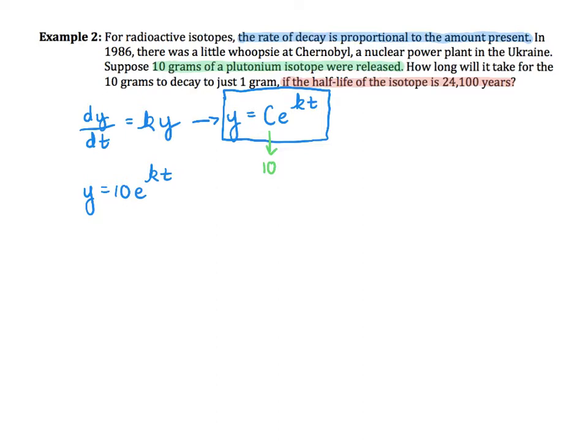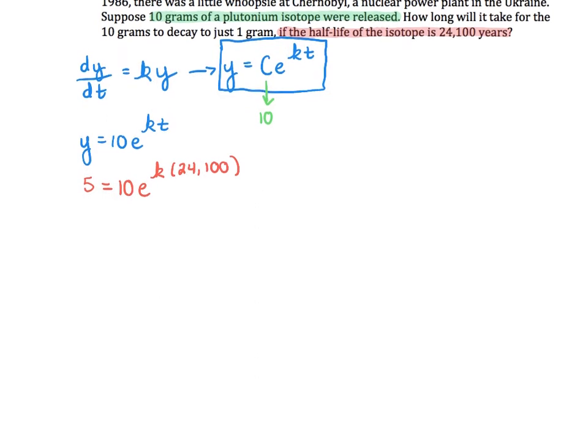So let's set that up. We know we have this, and we know that when 24,100 years have passed, our quantity will have decreased by half because that's its half-life. So we can put a 5 over here. And then we can go about solving this.